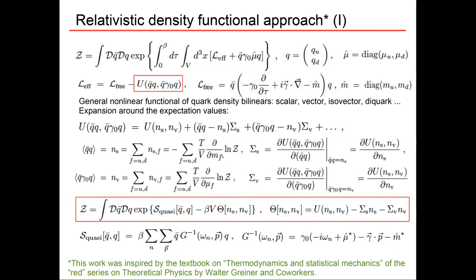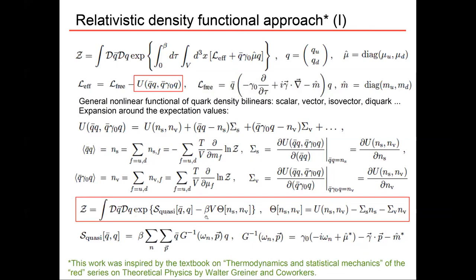In this way, there will be a self-consistent approach to this density functional. So when we carry this through, we postulate a general density functional, which we will specify a bit later, and we make a Taylor expansion, and we stop this Taylor expansion at the first gradient term, where the gradients of the functional are then scalar and vector self-energies for the quarks.